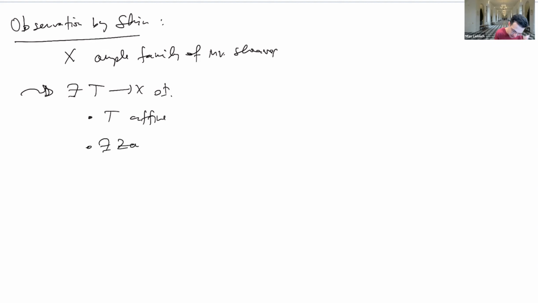So there exists a Zariski cover of X by U_i such that T restricted to U_i is isomorphic to A^N over U_i.